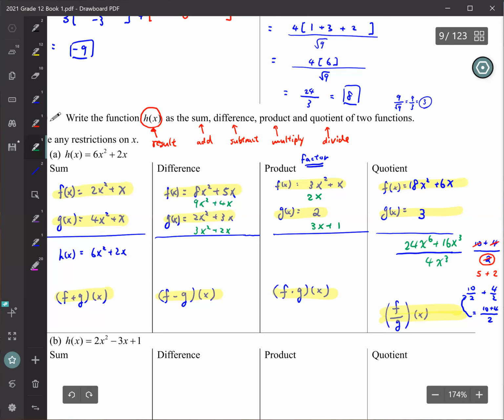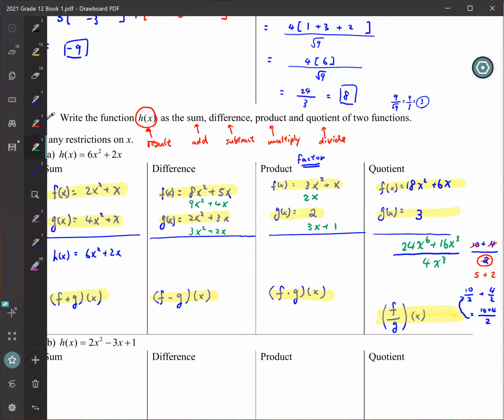Let's see if it works. Do it maybe on each one. 4x squared, sorry. We'll try the first fraction. 24 over 4 gives you 6. That's fine. And then x to the 6 divided by x cubed: when you divide, you need to subtract the exponents.